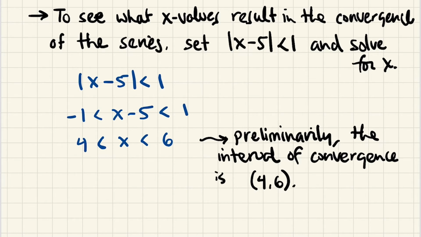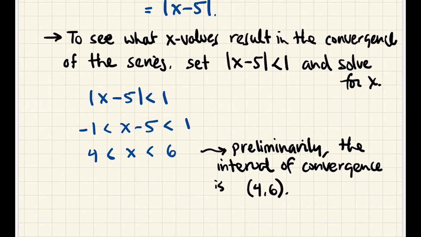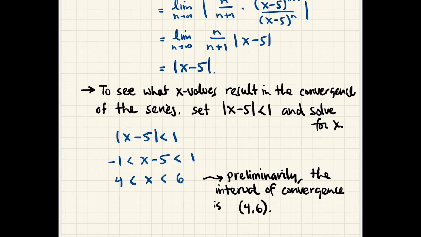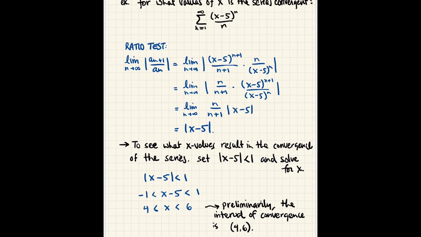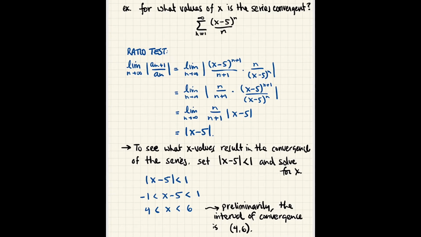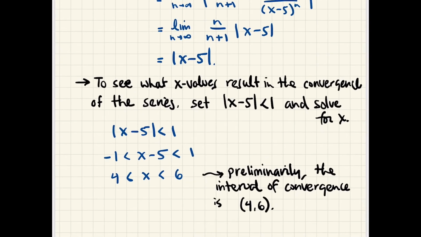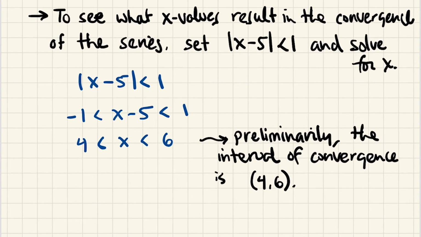However, we actually don't know what happens when x is literally equal to 4 or x is literally equal to 6. In the ratio test, if x is 4 or x is 6, that's exactly the situation where the ratio test would evaluate to 1, which means we don't know whether the series converges at those endpoints. So it's premature here to actually put parentheses around the 4 and the 6.